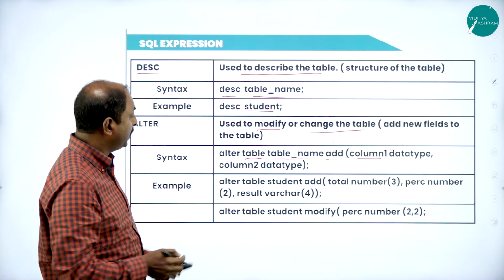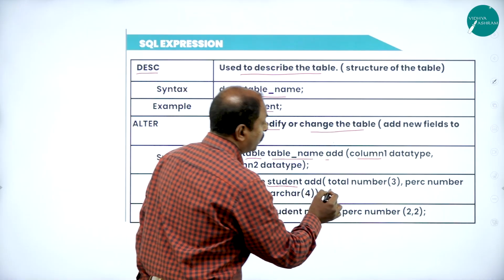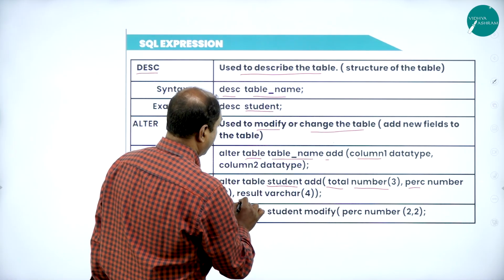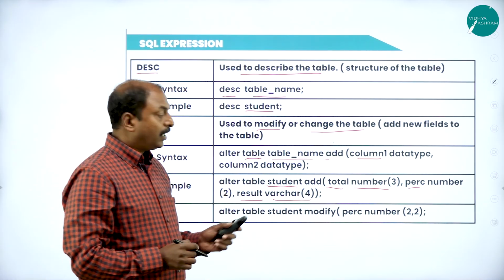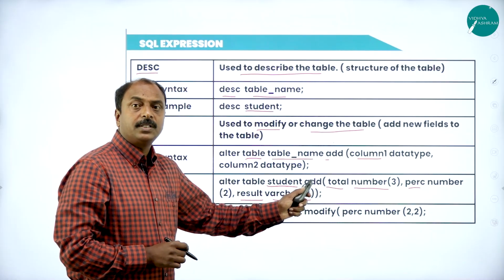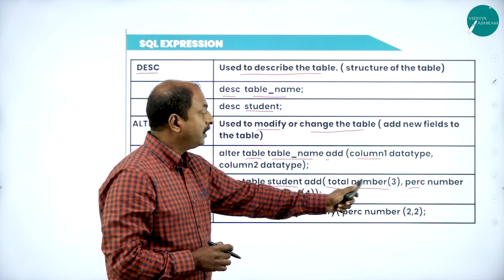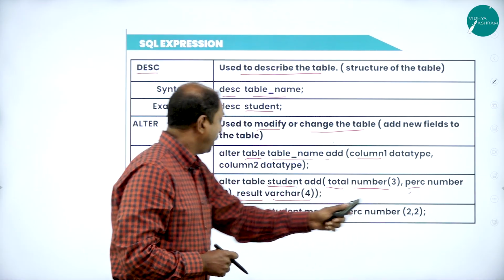So in this example, alter table student, the table name, and total number, and percentage number, and result varchar 4. In this example of the alter command, we are going to add 3 more columns to the existing table. That is, one is total with the data type number, and PERC for percentage with the data type number.